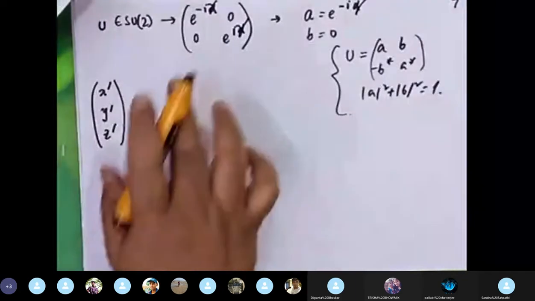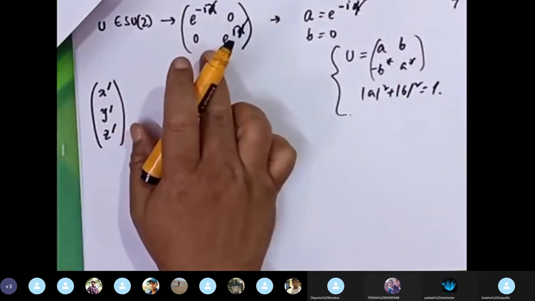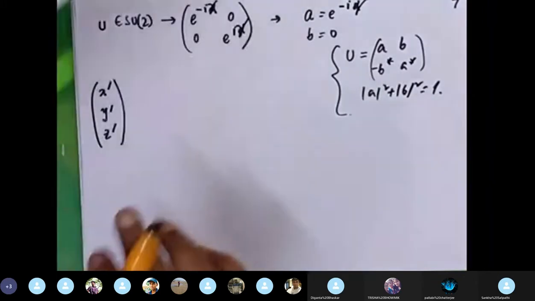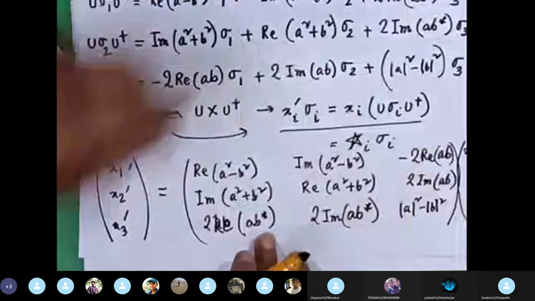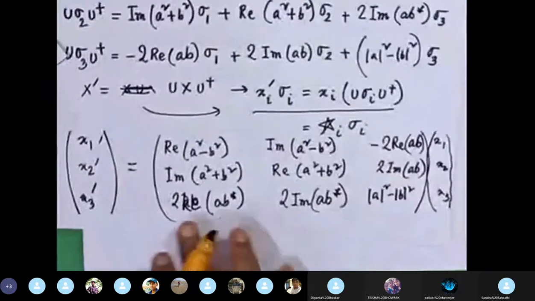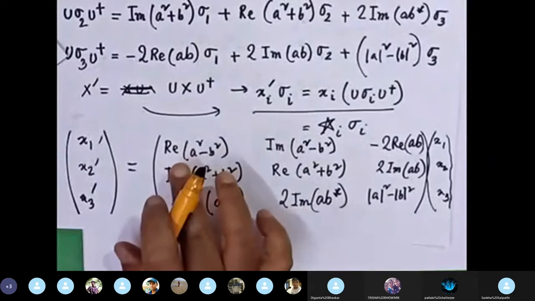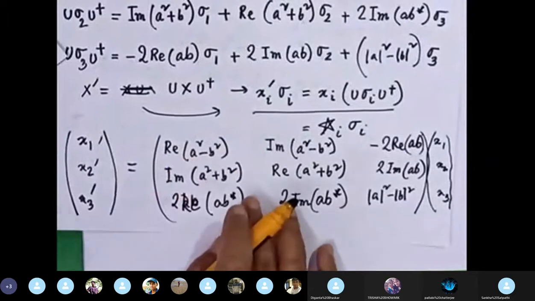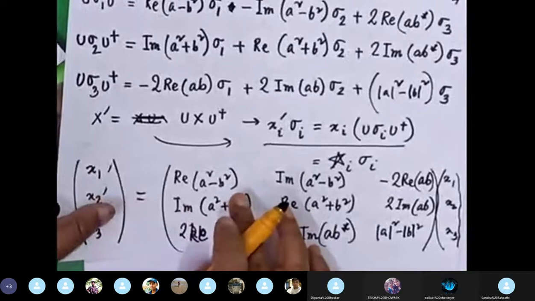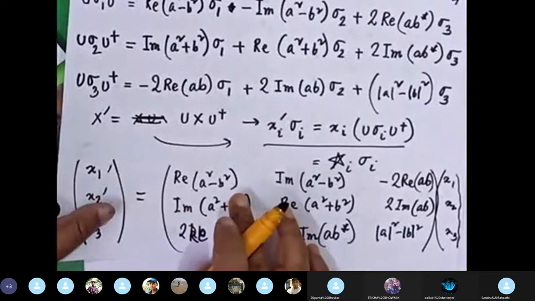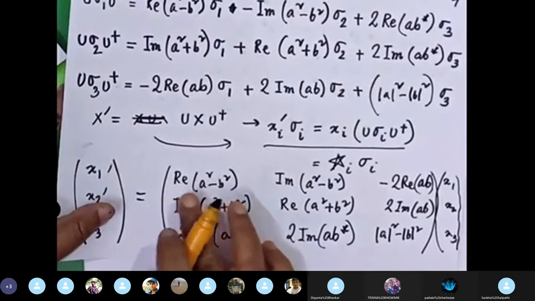Now I am taking a particular SU2 matrix and trying to find out what will be the corresponding SO3 matrix, which is the homomorphism. So here I have to put A and B. So if you put A and B, put B equal to 0. So A squared, real part of A squared.